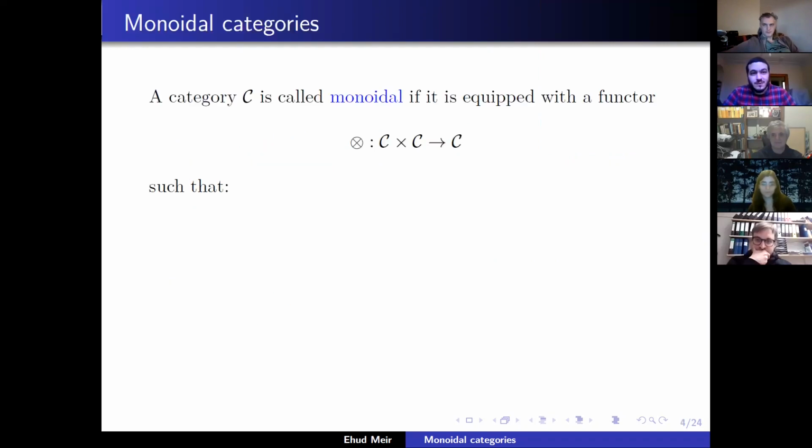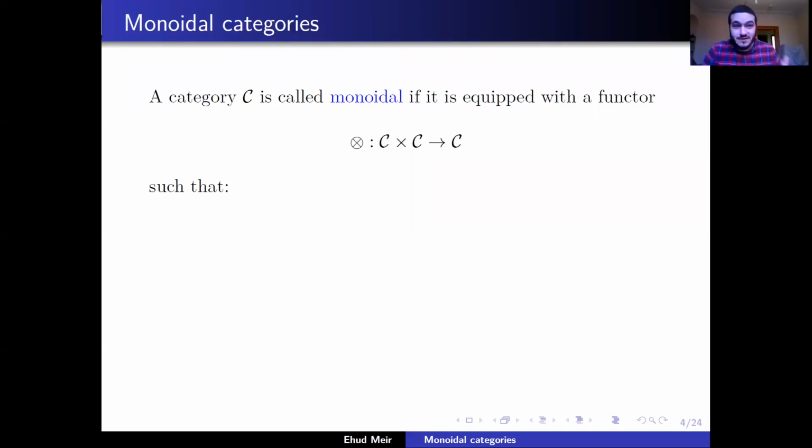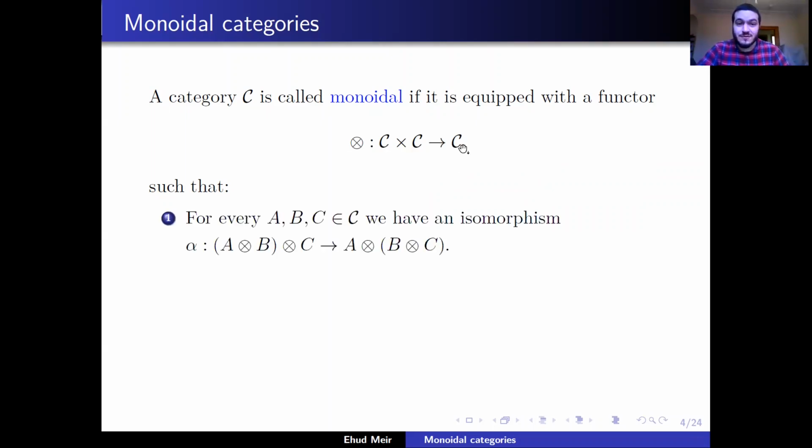Okay. So what is a monoidal category? A category C is called monoidal if it's equipped with a functor, which is called the tensor functor, from C times C to C. So from any two objects of C, we can generate a new object of C, such that the following conditions hold. So for every A, B, and C, we have an isomorphism alpha from (A tensor B) tensor C to A tensor (B tensor C).